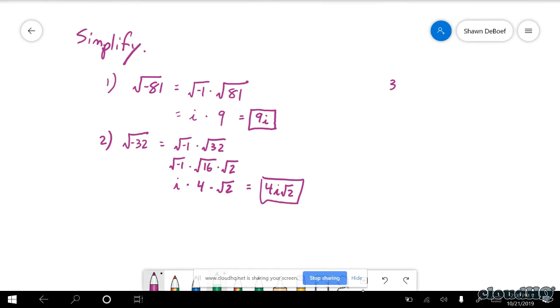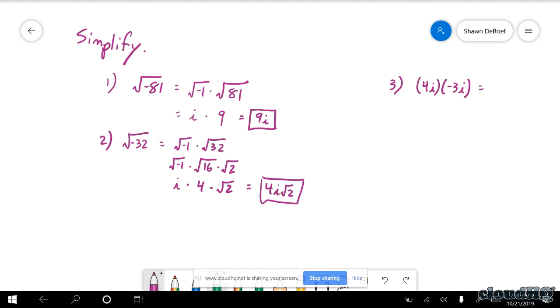Let's consider another simplifying problem where I take 4i and I multiply it by -3i. 4i times -3i. Think about what you would have if you had 4x times -3x.